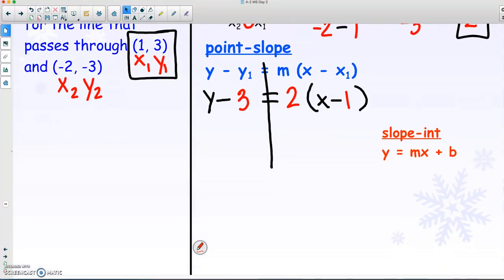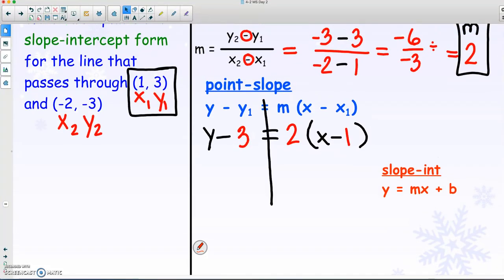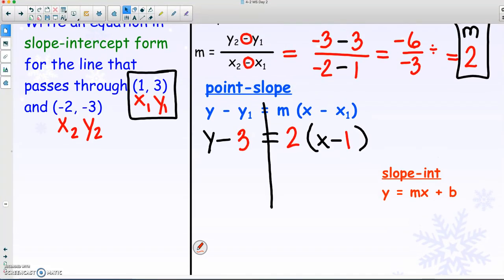So I'm using 3 different formulas for this process. I did the slope formula first, and then point slope form. And now I simplify using the distributive property. 2 times x is 2x, minus 2 times 1 is 2. So y minus 3 equals 2x minus 2.